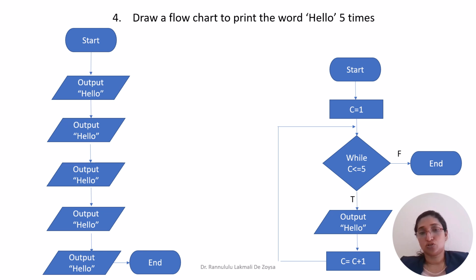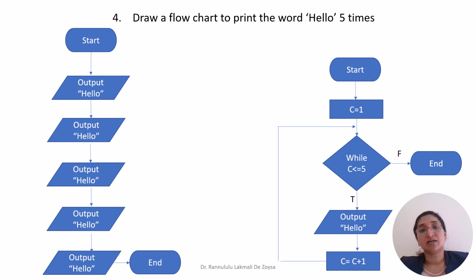Condition true. Output hello. You give the word hello again and increase c by 1. C equals c plus 1. So 5 plus 1, c is now 6.